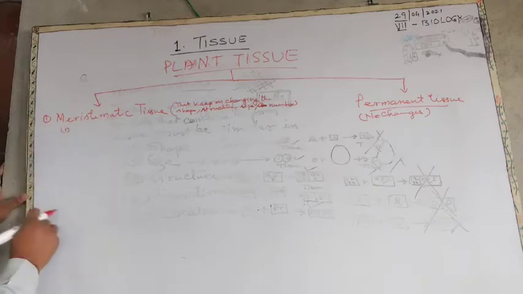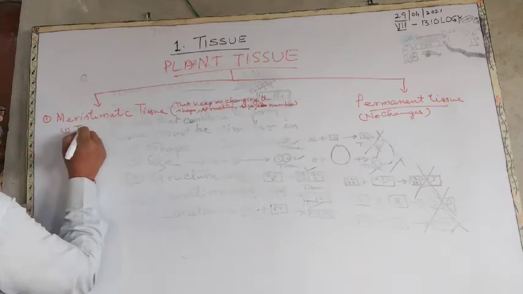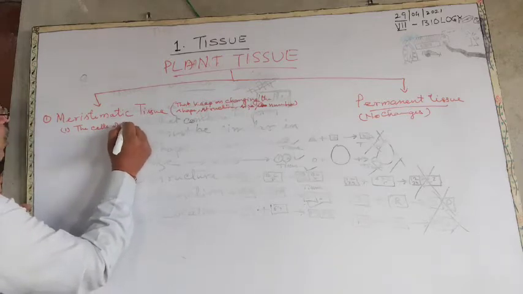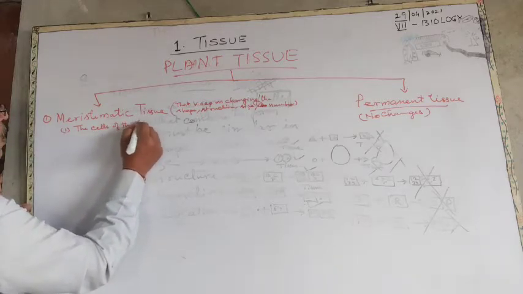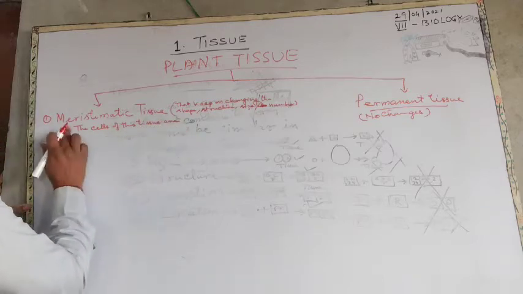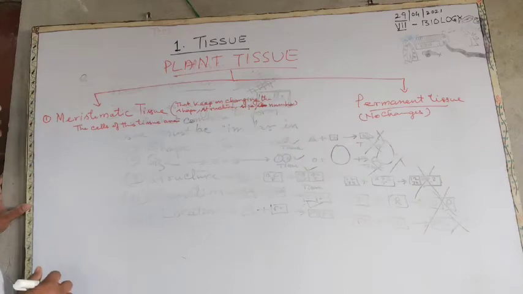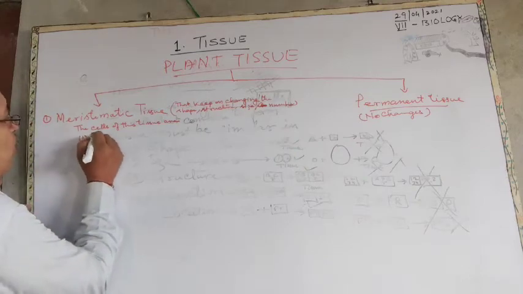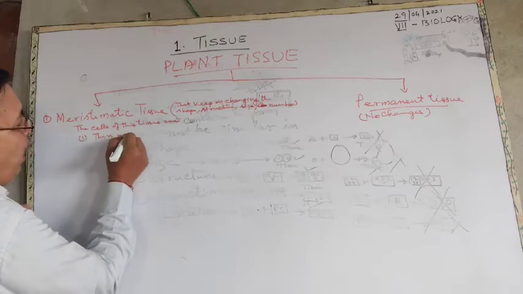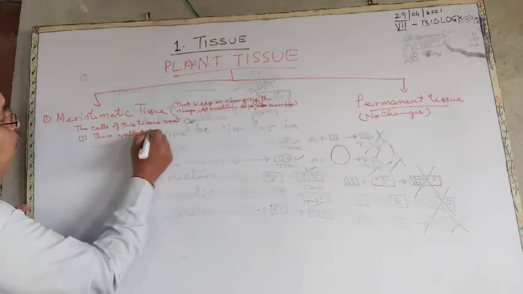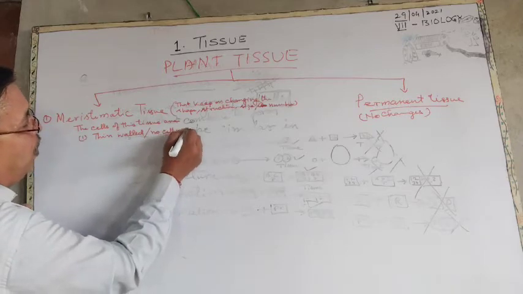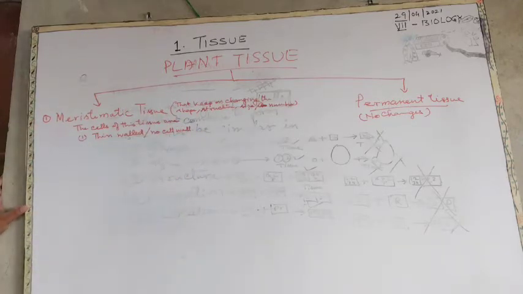These meristematic tissues, some features of these meristematic tissues you must note down here itself. The main feature is that the cells of these tissues are first thin walled or sometimes have no cell wall, right?